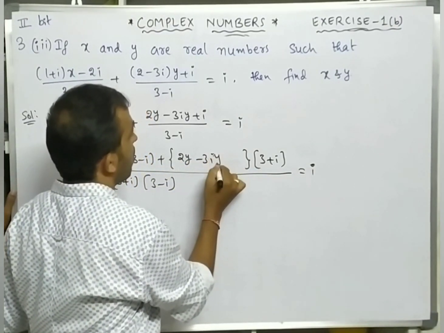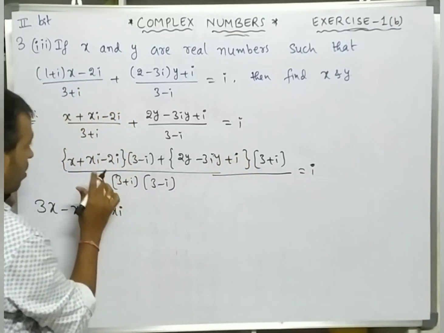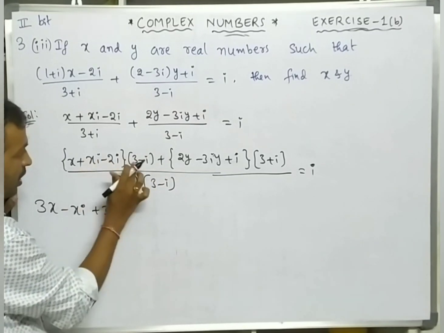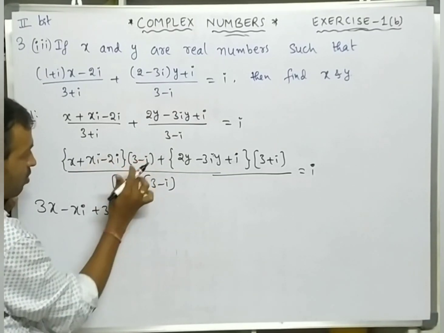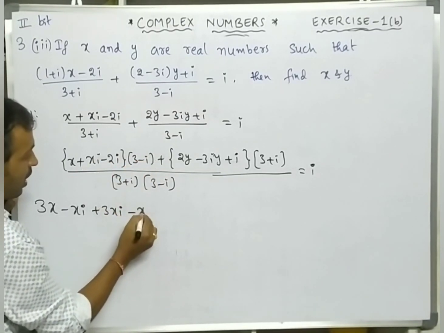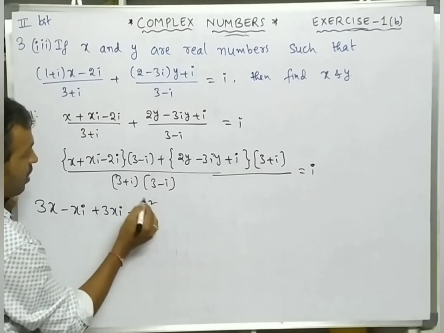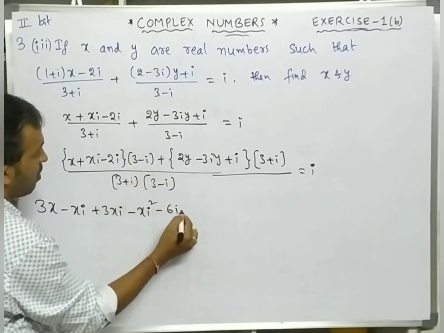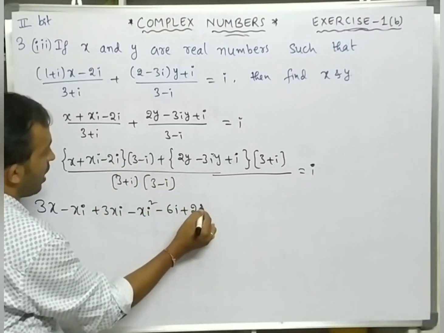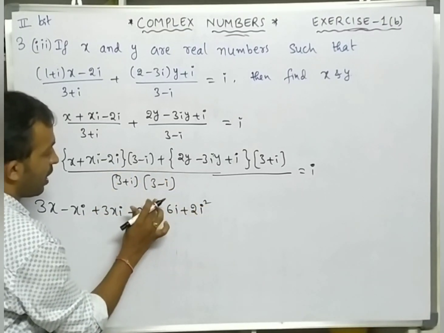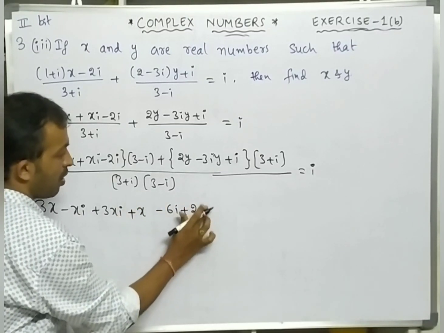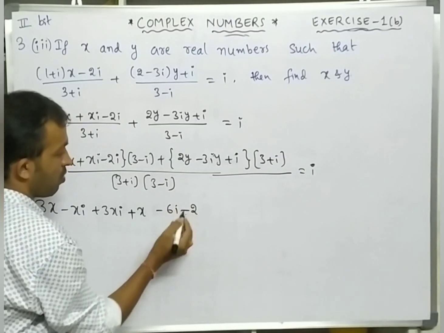Here also minus 3iy plus i. Now multiply: x into 3, 3x, minus xi, xi into 3, 3xi, xi into minus i, minus xi squared, minus 2i into 3, minus 6i, minus into minus plus 2i squared. So i squared means minus 1, minus into minus plus, so 1, minus into 2 is minus 2.